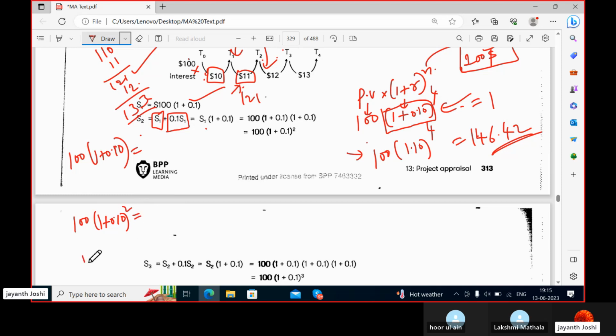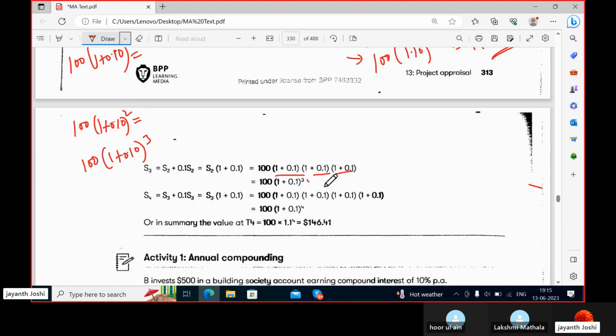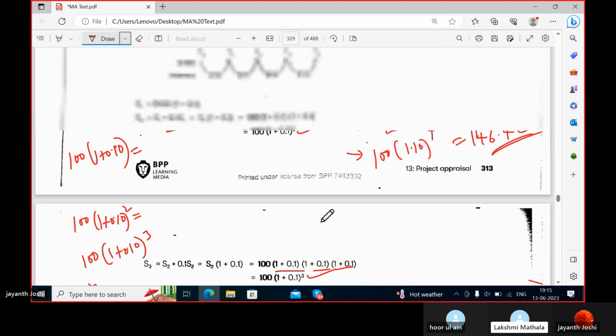At the third year, 100 into 1 plus 0.10 whole cube, that is they are multiplying twice here, square, and thrice here, cube. Then if it is the fourth year, 100 into 1 plus 0.10 whole power 4, they're multiplying 4 times. So at the end you'll get the answer. Okay, shall we move forward? Yes, sir.